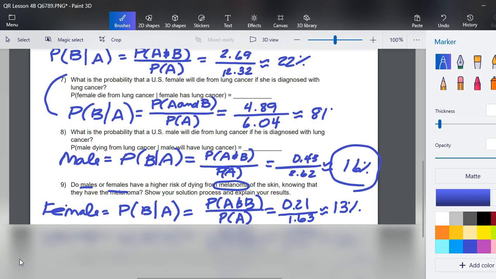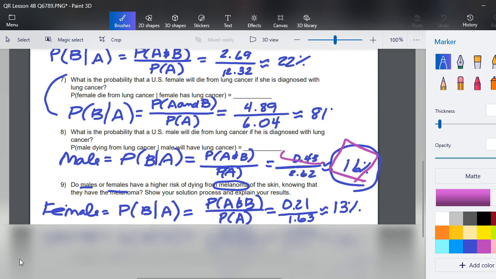Go ahead and write down some thoughts on question 10. I'm not going to flip over to a different screen. I want to stay right here because the question asks, write a statement comparing and contrasting the independent and dependent events for the probability of dying from melanoma. You can talk about males, you can talk about females. Here's an example.